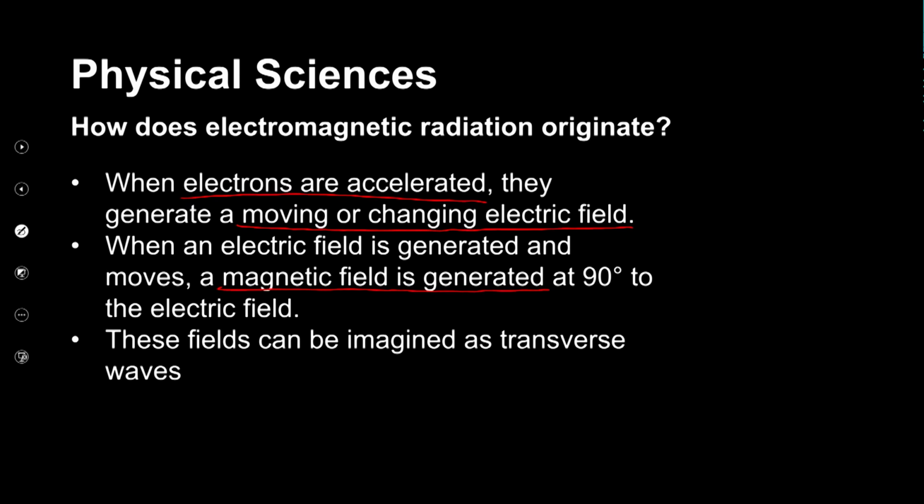I.e., if you ever move a charged object, you immediately induce a magnetic field at 90 degrees to the electric field associated with that charged object. And to help us visualize how these two electromagnetic waves appear, you can imagine the changes in each field as transverse waves.